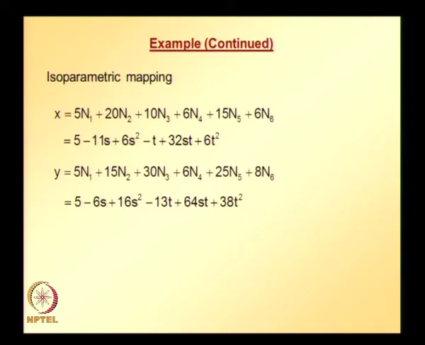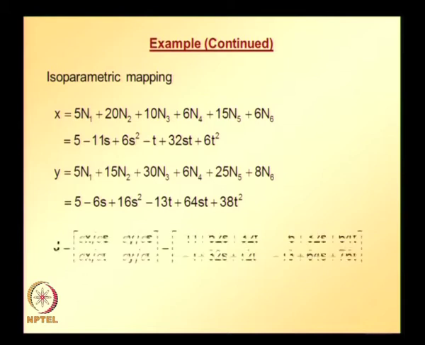Or we can also find the determinant of J and check whether it is greater than 0 over the domain s going from 0 to 1, t going from 0 to 1.